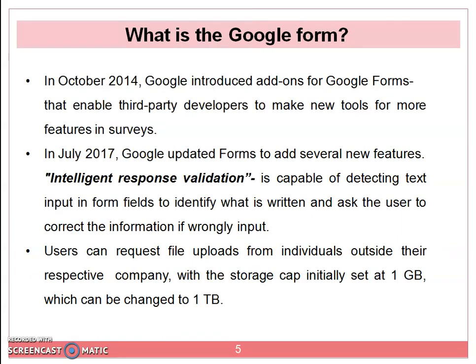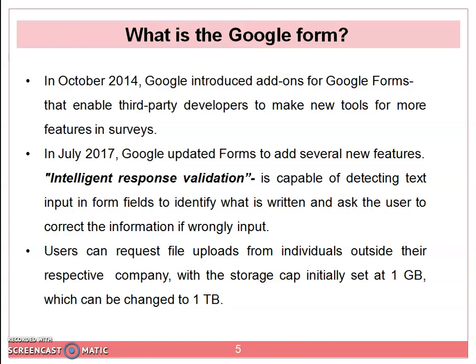In October 2014, Google introduced add-ons for Google Forms that enable third-party developers to make new tools for more features in surveys. In July 2017, Google updated Forms to add several new features. That is intelligent response validation.